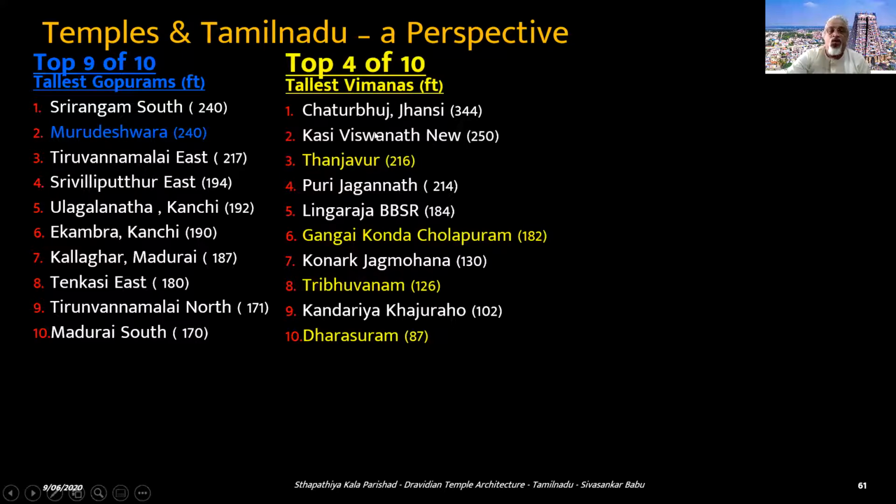And the new Kasi Vishwanath temple is around 250 feet. Other than that, all these are old temples, and the score is evenly split between Tamil Nadu with the 4 grand temples and Orissa with 3 grand ones, and 2 in the Bhopal region, one Kandariya Mahadeva, and another one planned in a grand way, the Bhojeshwar temple in Bhopal. If it had been built, it would have been taller than any of these.